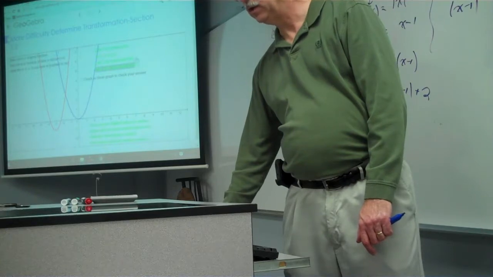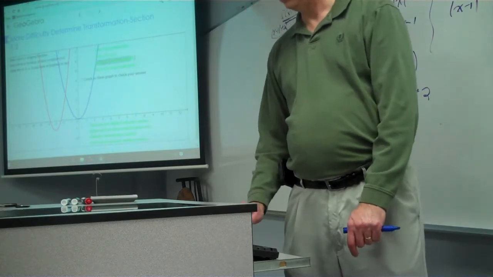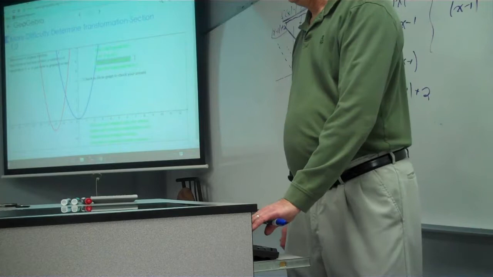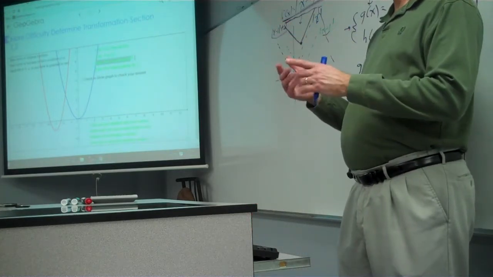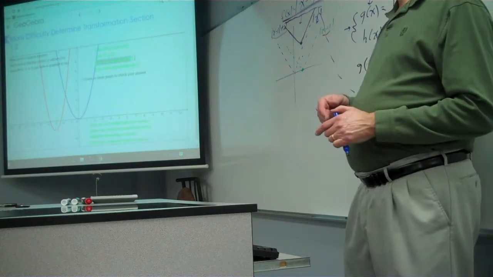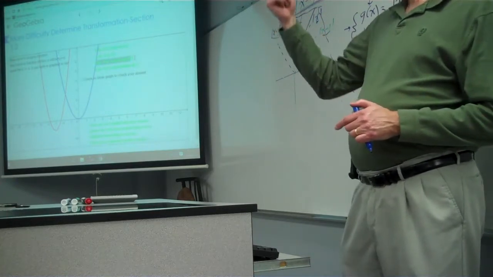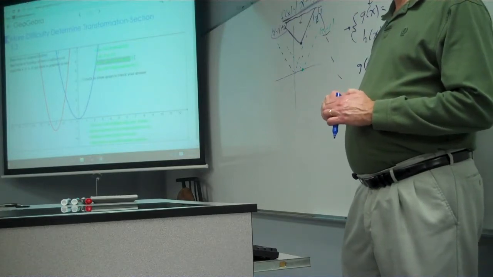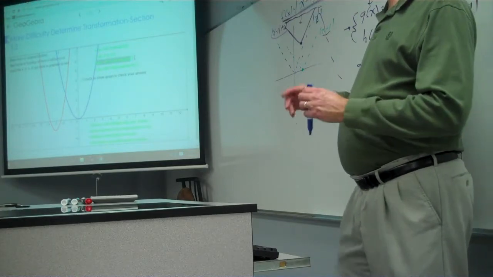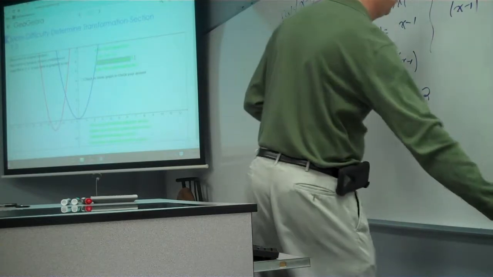And so to the left 3 units, it's x plus 3 that's inside the parenthesis rather than x minus 3, because the vertex is now over at -3 rather than at 0. So we know this is the basic square function here.